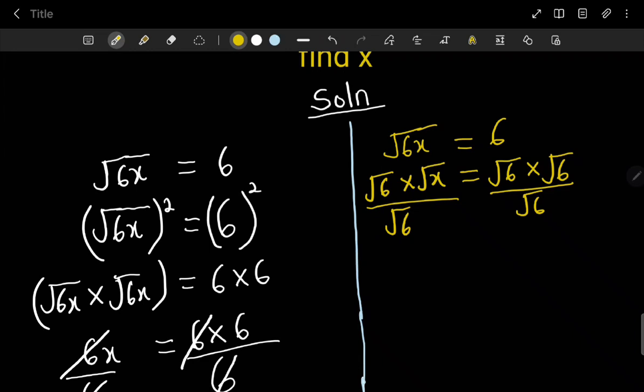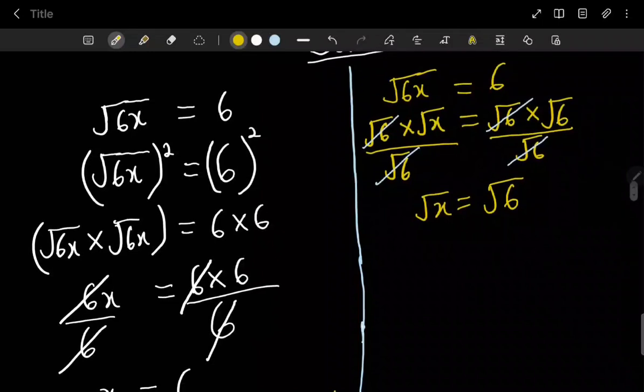So this will take care of this, then this will take care of this, right? Okay, so now after doing this, we can say that we have square root of x is equal to what? Is equal to square root of 6, this 6, right? That's it here.